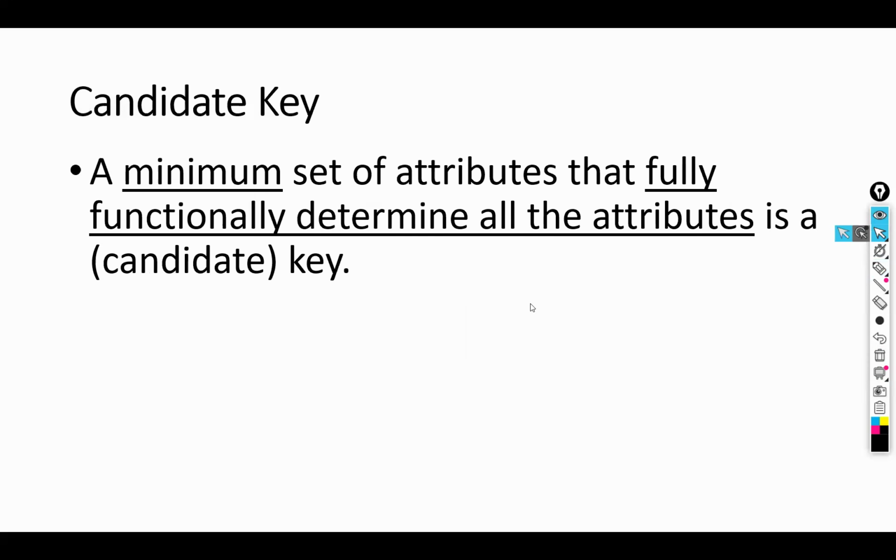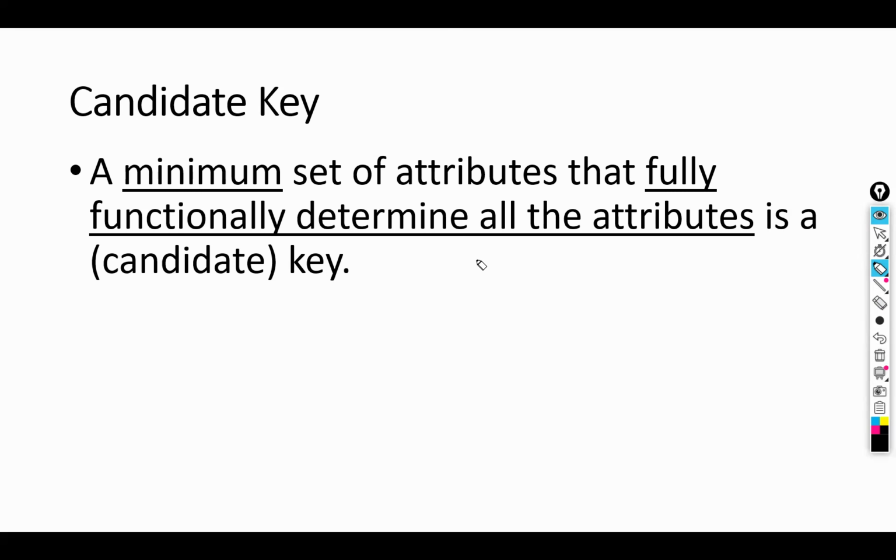Now let's elaborate our discussion to formally define what a primary key is using functional dependency theory. According to the theory of functional dependency, or relational algebra, a candidate key is a minimum set of attributes that fully functionally determines all the attributes of that relation.